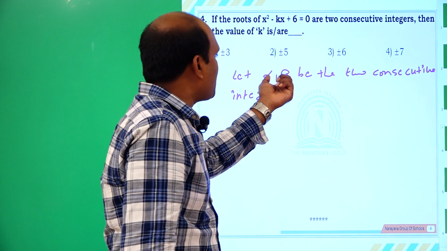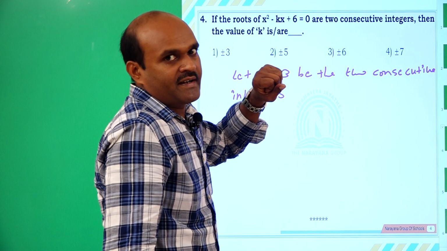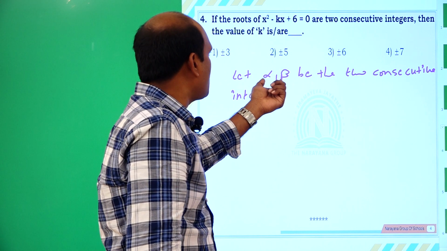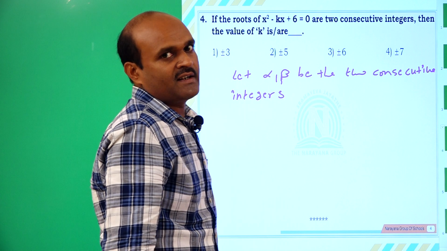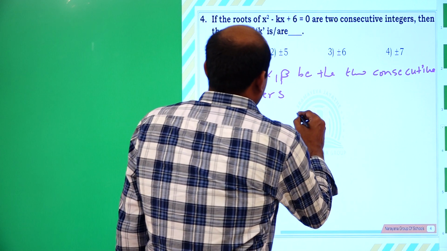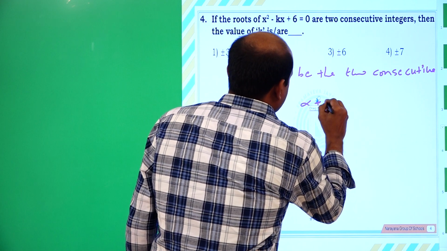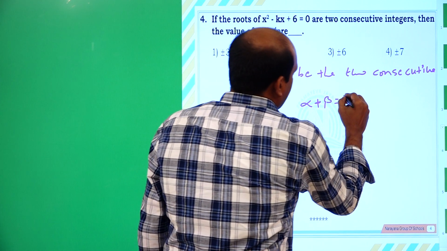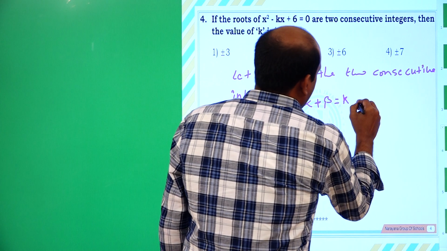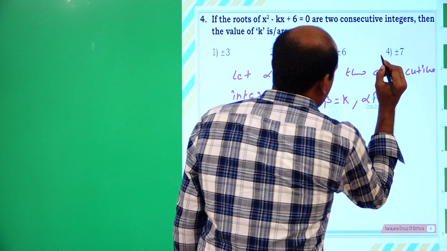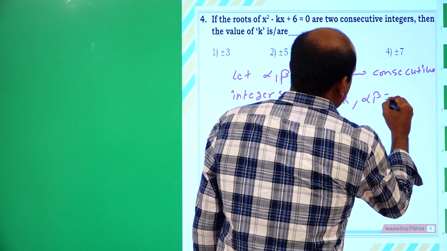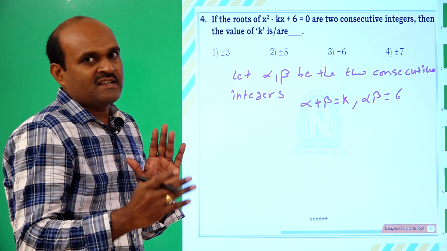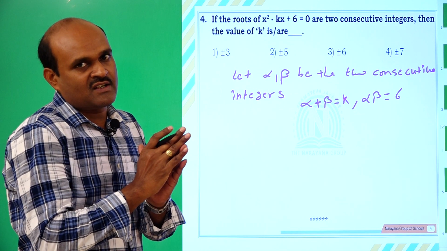So this alpha comma beta are the roots of this equation, right? Let us assume these two are consecutive integers and these two consecutive integers are roots of that equation. So sum of the roots alpha plus beta is equal to how much? Minus b by a, that is k, and alpha beta is equal to product of the roots is equal to 6.